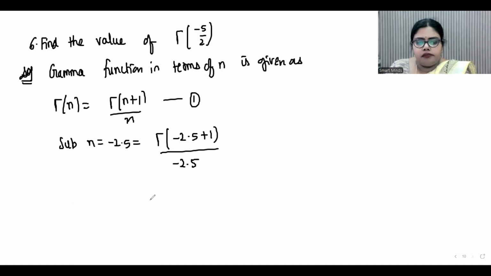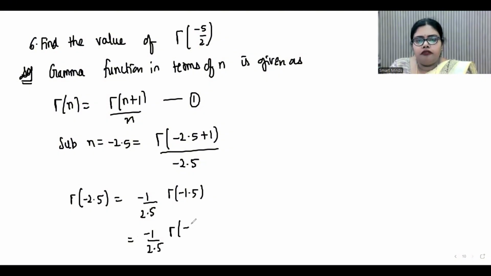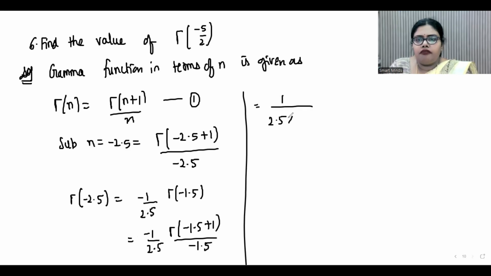So you will get gamma of minus 2.5 is equal to minus 1 by 2.5, I am writing outside, gamma of minus 1.5. So that is minus 1 by 2.5 into gamma of (minus 1.5 plus 1) by minus 1.5. We are applying the formula. So here minus into minus will become plus, and then 1 by 2.5 into 1.5, gamma of minus 0.5.